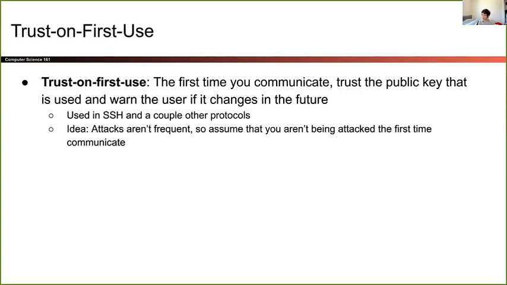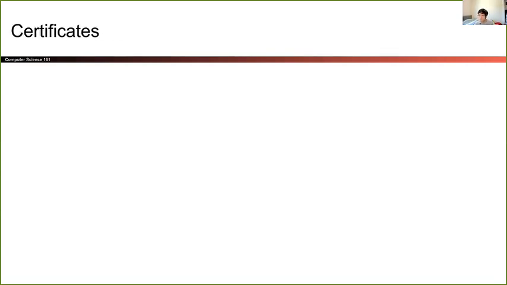It's a very strong assumption. It's not exactly something that we want to be relying upon if, say, we're interacting with a bank's website or other uses that are highly important. So this is used in some situations, but outside of SSH, I don't see it around too much.